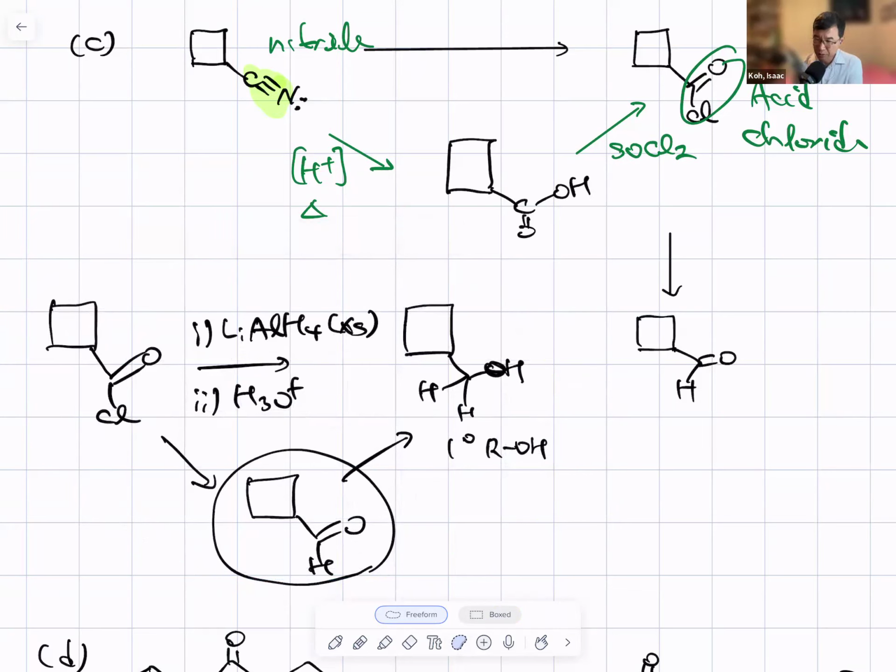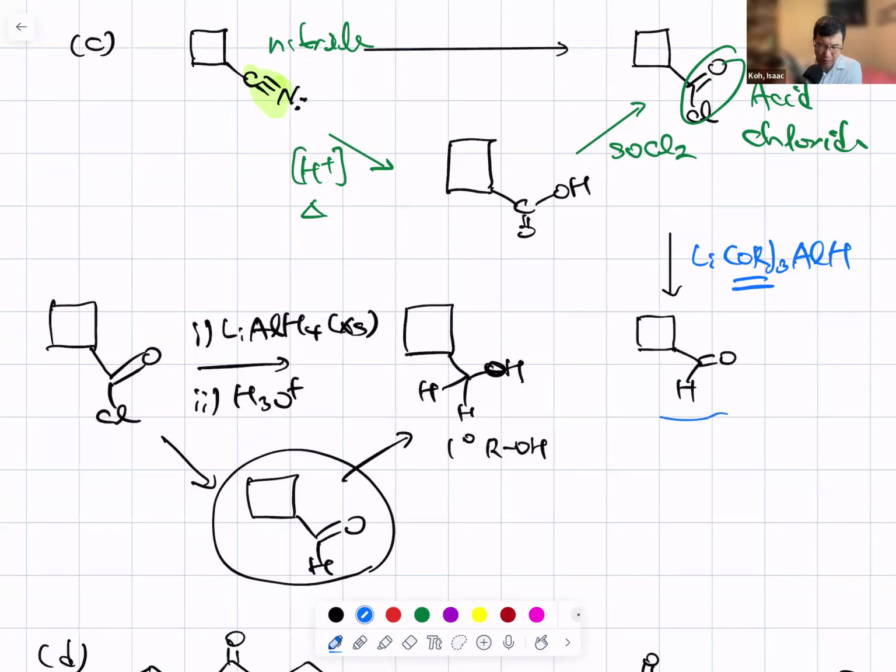Then lithium trialkoxy aluminum hydride. Many times the trialkoxy one is tertiary butoxy, which is used for this. Anyway, an alkoxy group is used. Then it will stop at the aldehyde.